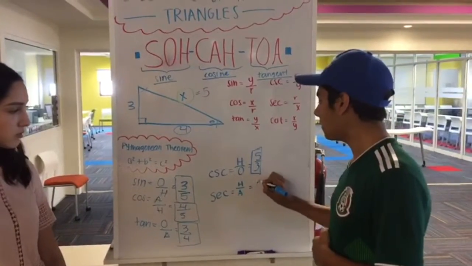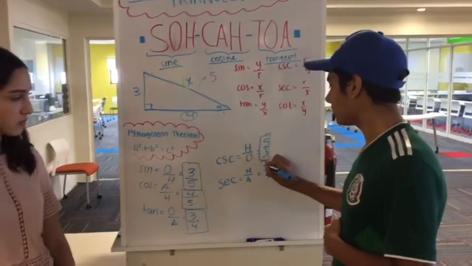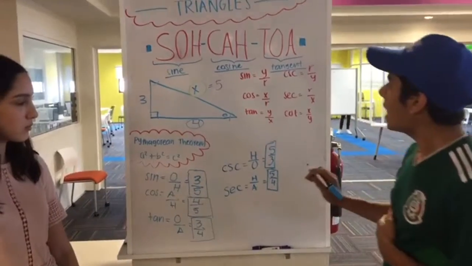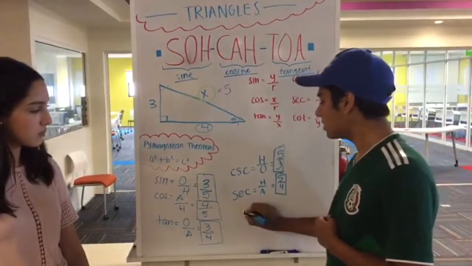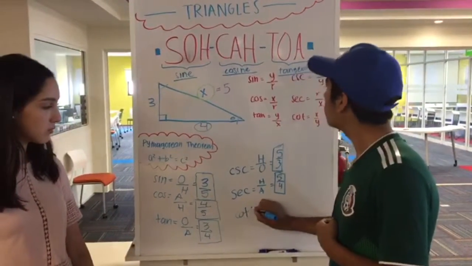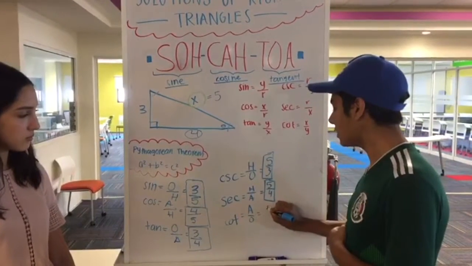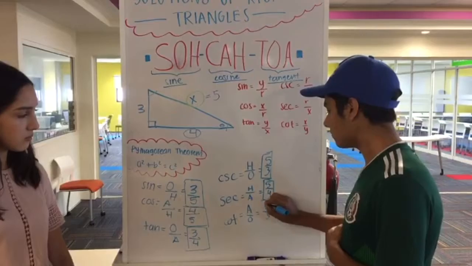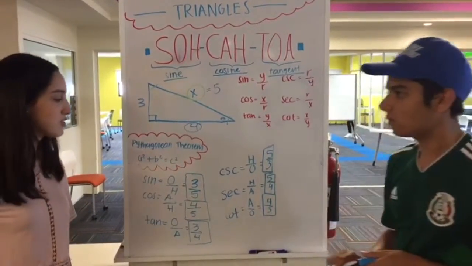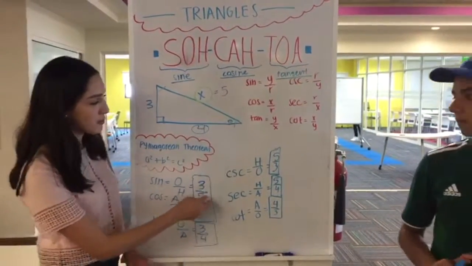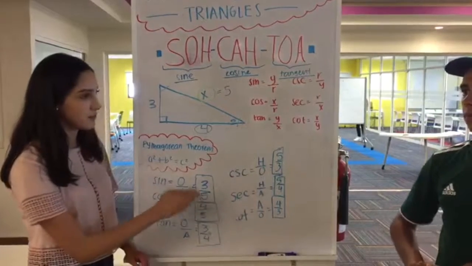In this case, it will be 5/4. And our cotangent would be adjacent over opposite. So in this case, it will be 4/3. And as you can see, if you switch up the numbers, you will get the coterminals.